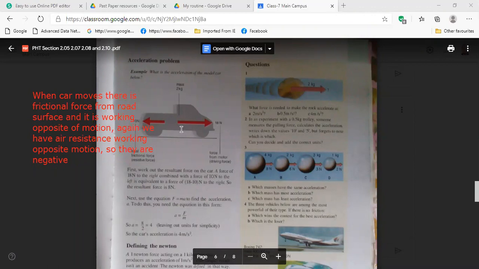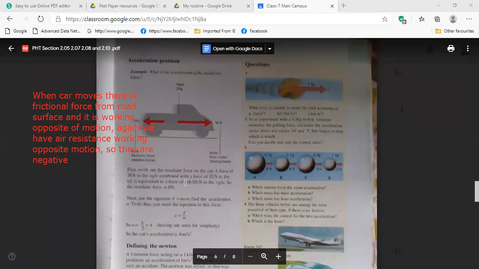Now we have 18 Newton positive and 10 Newton negative. If we make the sum 18 minus 10, how much will it be? 8 Newton, and the direction will be right side, because the right side one is greater. So the resultant will be right side. Is it clear now?